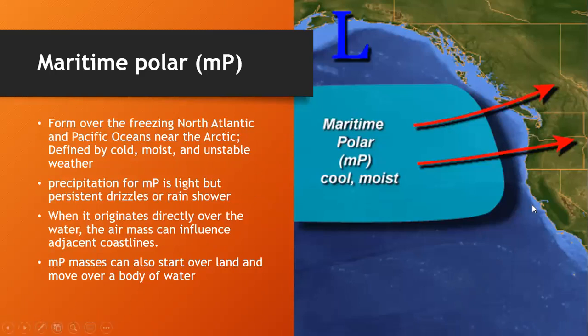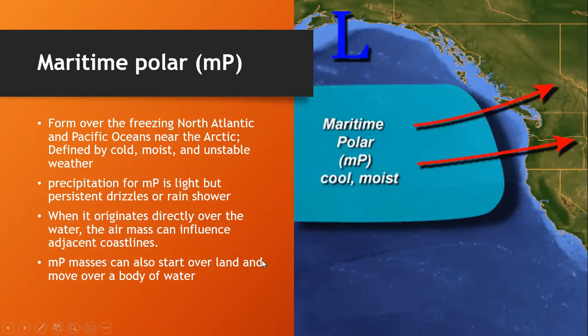Maritime polar forms over the Atlantic because it's maritime, or marine. That's where the name comes from. It forms over marine-like water, or oceanic water, if you will.